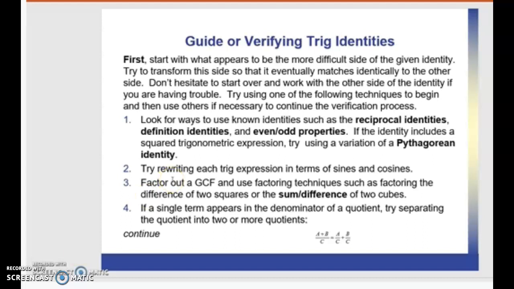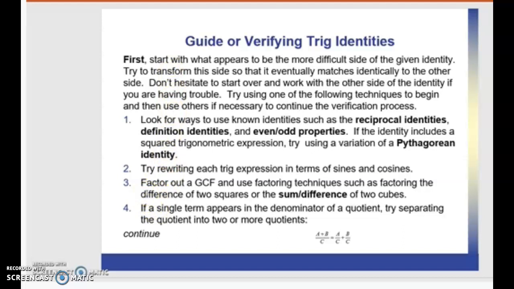Well, at this point, we will be focusing on verifying additional identities. So just looking at a guideline for doing so. Depending on what you're trying to prove is equal, that determines which of these procedures you may use.